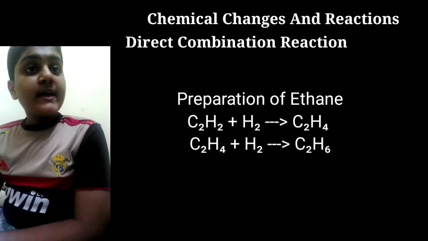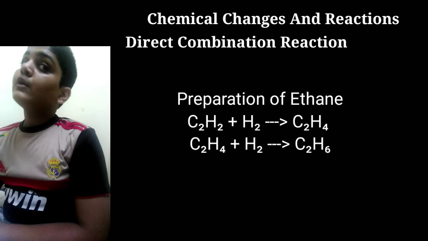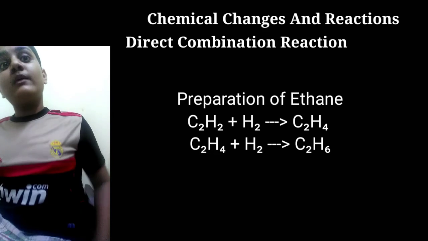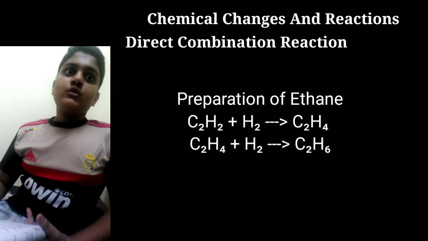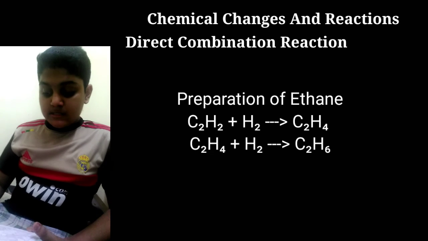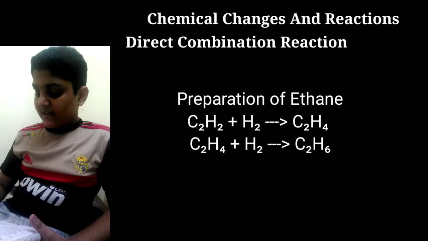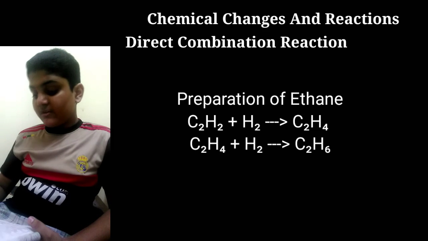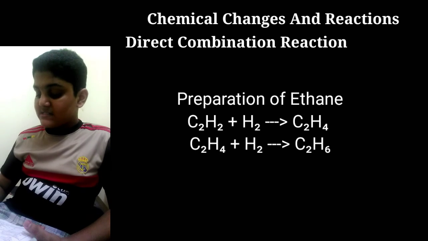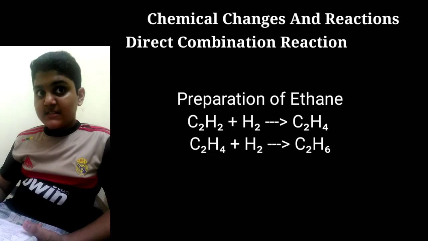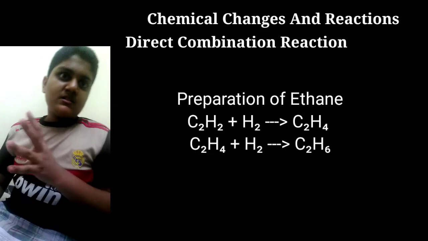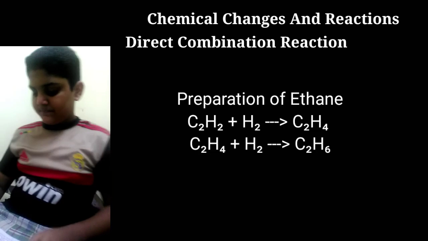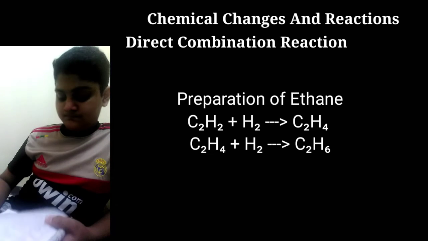That belongs to organic chemistry, which we will learn in the 11th chapter if you are still taking chemistry. Now, coming back. Preparation of ethylene. First of all, acetylene, formula C2H2. C2H2 acetylene plus hydrogen gives ethylene C2H4.